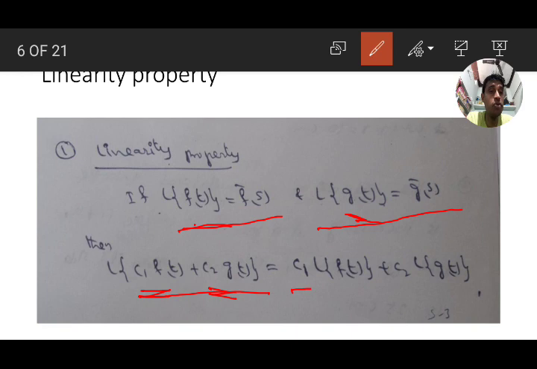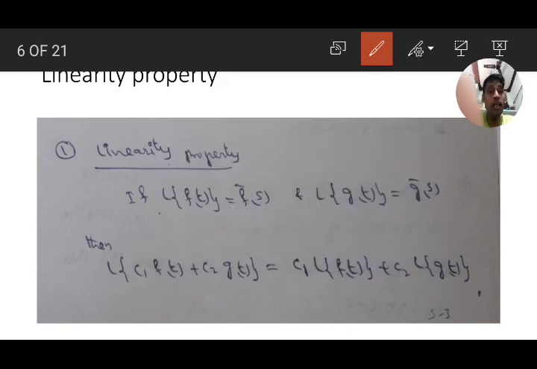Linearity property means we take the coefficients outside and take the Laplace transform of the first function and the second function. If there is a sum of three functions, it will be the sum of three, and similarly up to 4, 5, 6 functions. For the algebraic sum of functions, the coefficients are outside and we take the Laplace transform of the remaining functions. This is the linearity property.